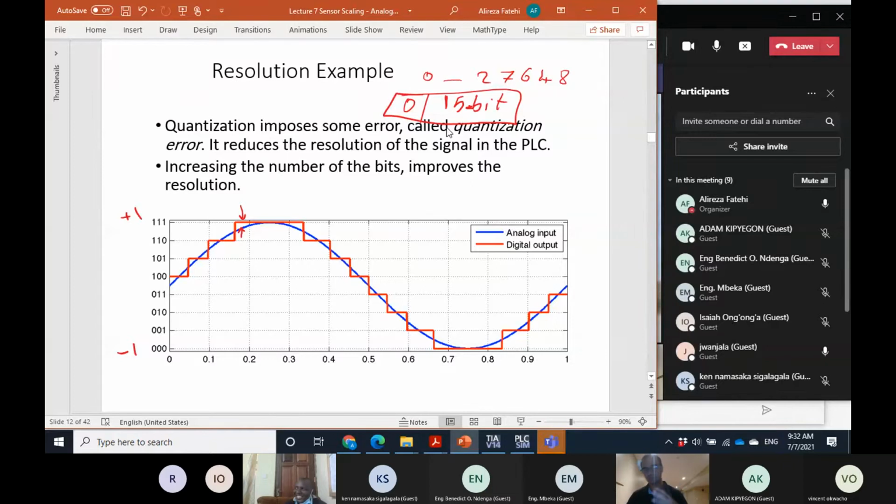So some brands use a smaller number, like 12 bit or 13 bit, which is very typical in industry, to reduce the hardware cost. And 12, 13 bit is also sufficiently good for a wide range of applications.